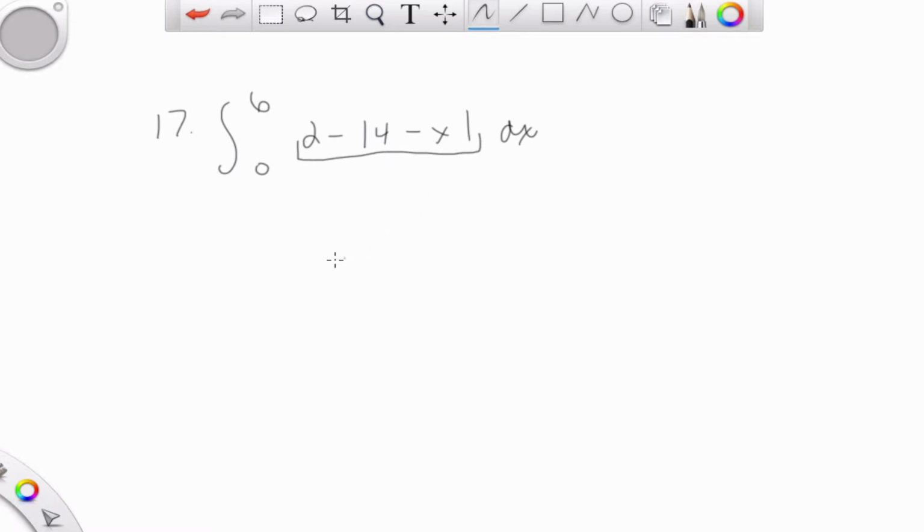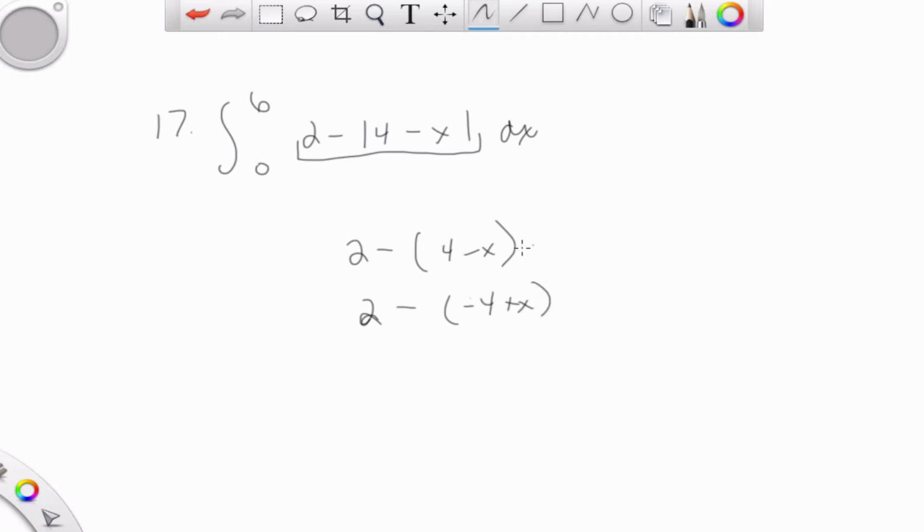We talked about these a little bit in class. What an absolute value function turns out to be is really 2 different linear functions, where I have 2 minus (4 minus x), and then I have 2 minus (4 plus x).